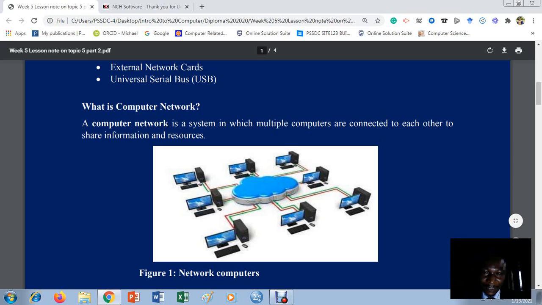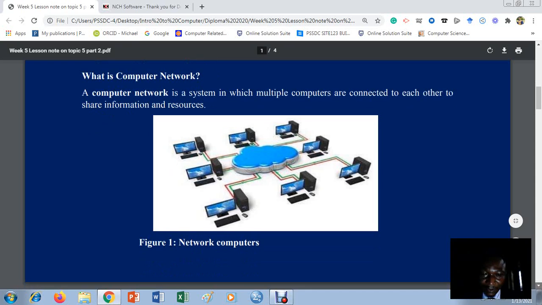A computer network is a system in which multiple computers, remember I said computer 1, computer 2, 3, are connected to each other to do what? Share information and resources. Computer 1 could be having a resource that computer 3 or 10 is not having. But because they are connected on the network, they will be able to share resources.